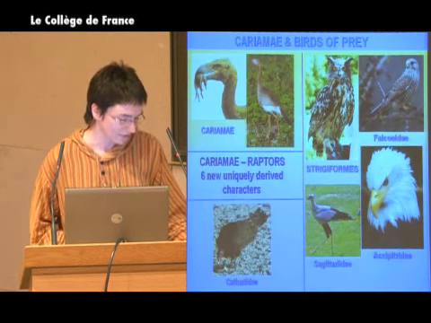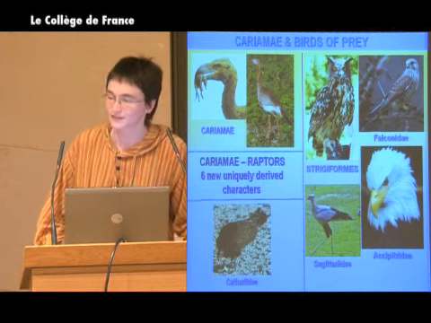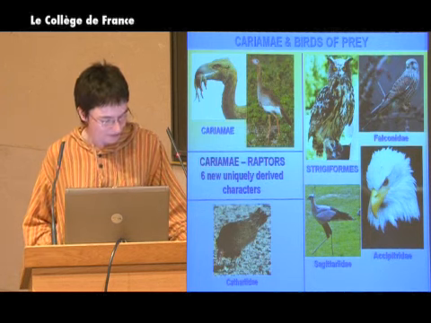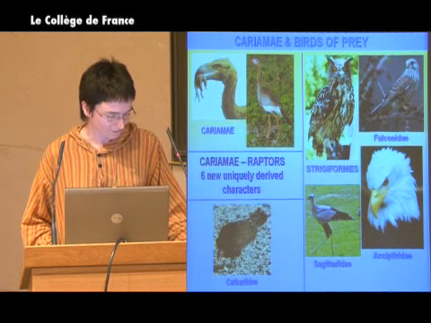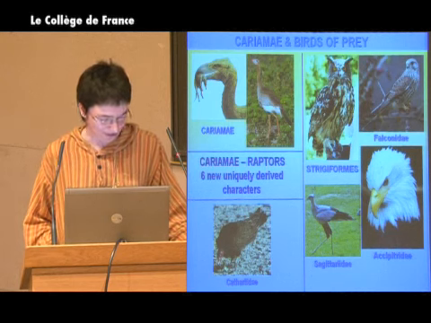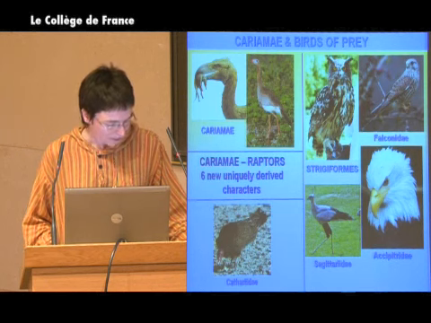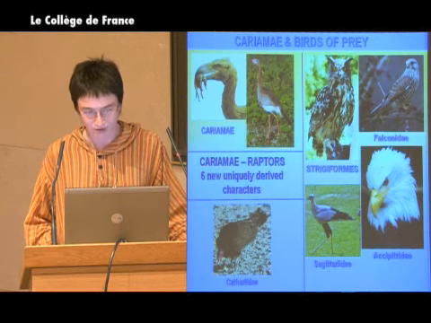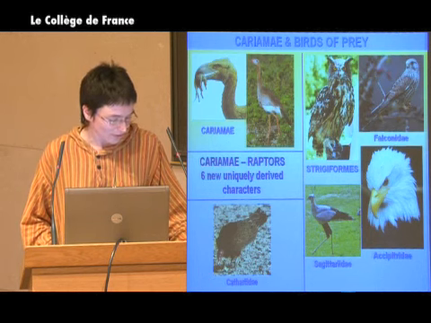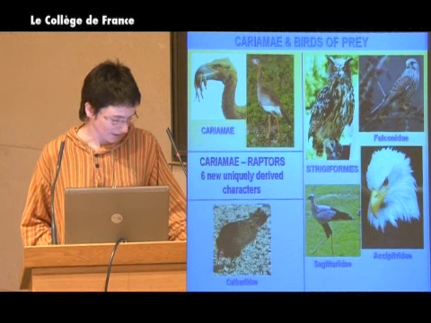The placement of living seriemas here has been one of the most difficult in avian systematics, and recent molecular data suggest that seriemas might be related to falcons, parrots, and perching birds, whereas morphology favors a link with gruiform taxa. But the monophyly of this gruiform group is highly questioned.